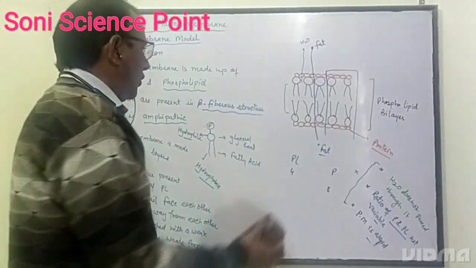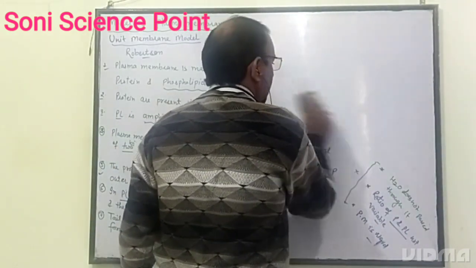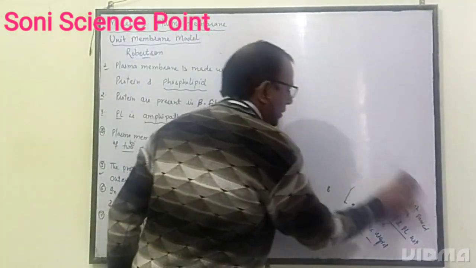Now we draw the structure of the Robertson model.